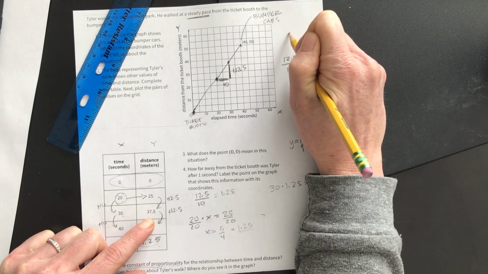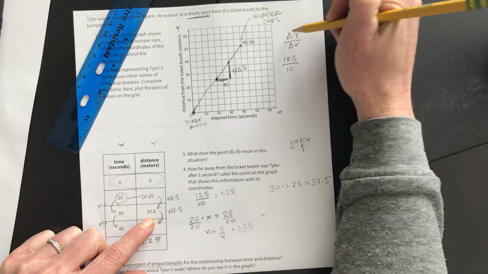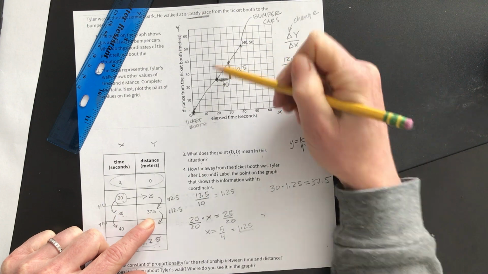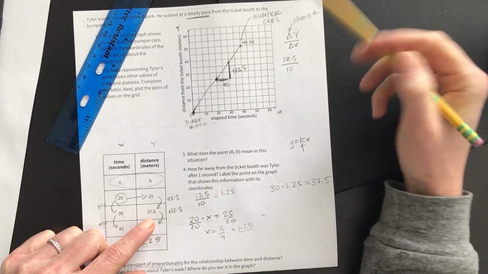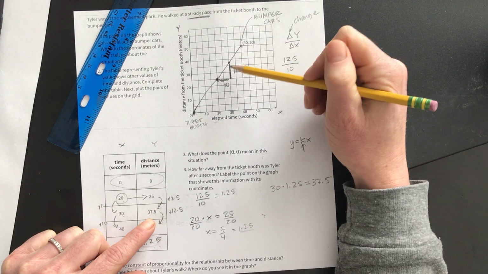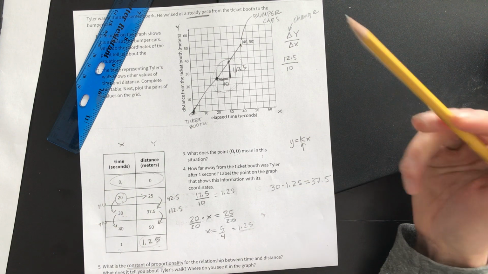And again, we think about this as the change in Y over the change in X. And this little triangle right here just means change. So it's a good way we can use a graph to help us find the constant of proportionality. We'll learn in our later modules, this is actually called the slope. We're going to come back to this idea a whole bunch in the subsequent modules.